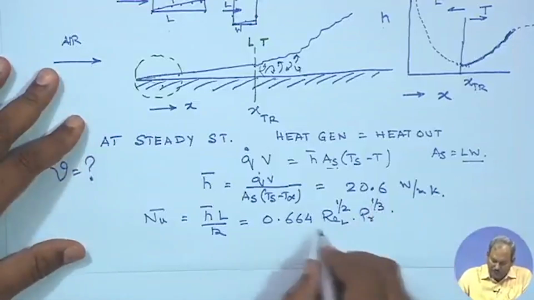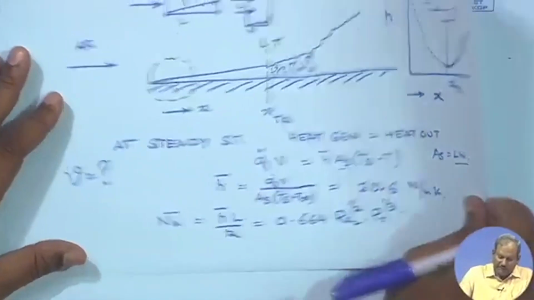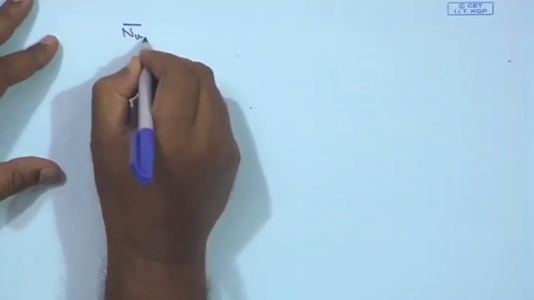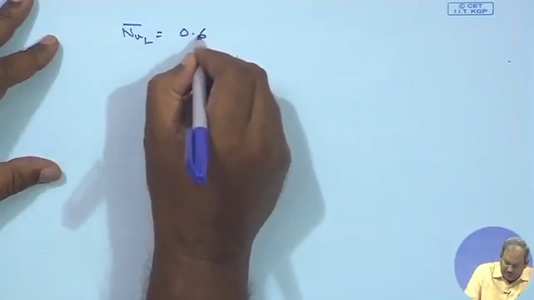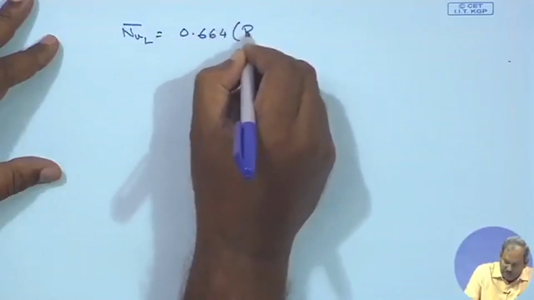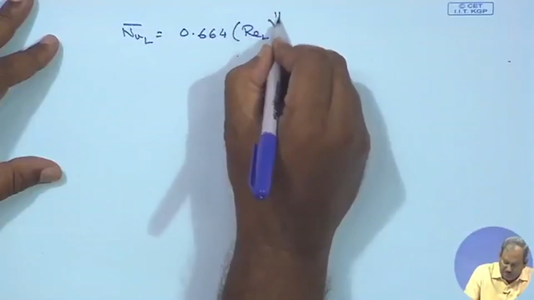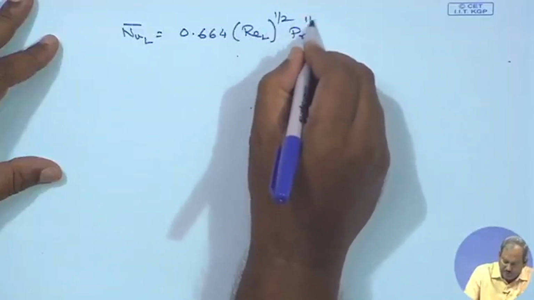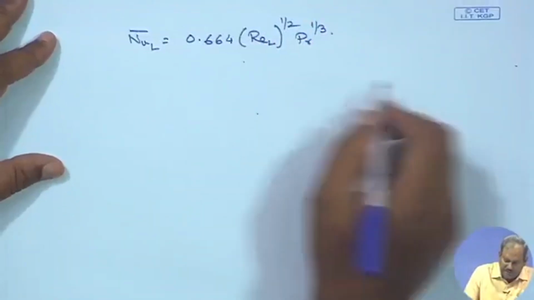So, your V infinity, since this Nusselt number average value based on the length is 0.664 Re_L to the power half times Prandtl to the power 1/3. This contains the velocity.